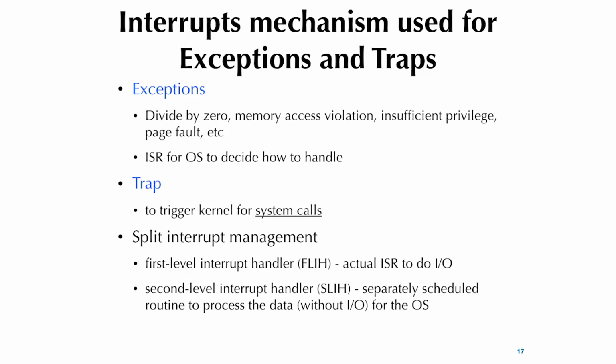But then it schedules a separate thread or separate task, whichever. Then it returns from the ISR as quickly as possible, and later the scheduled thread or scheduled routine comes and takes its time to do the servicing.